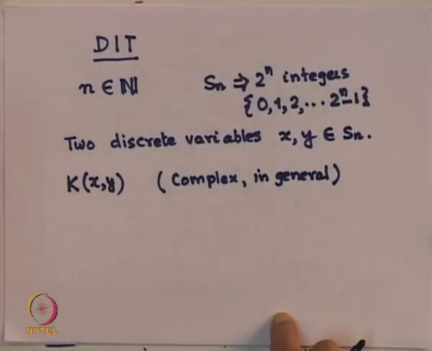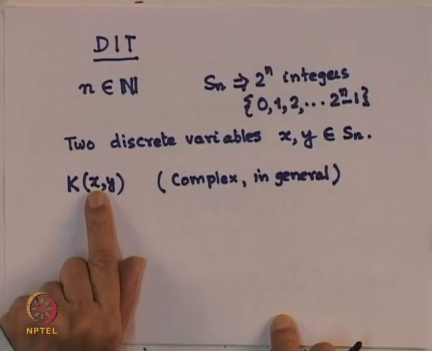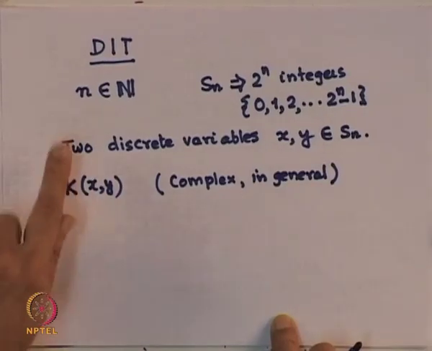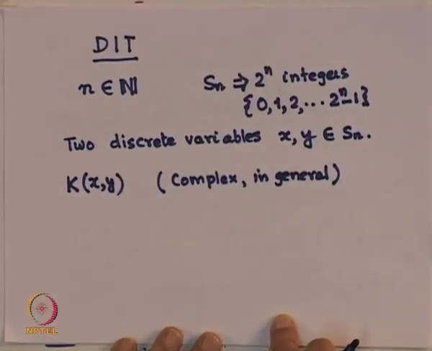The difference between what we are talking about here and what we are accustomed to in our real variable theory or complex variable theory is that these arguments here can only take discrete values, but k(x,y) could be any continuous function of these discrete variables as well. So I am not saying k has to be necessarily discrete.